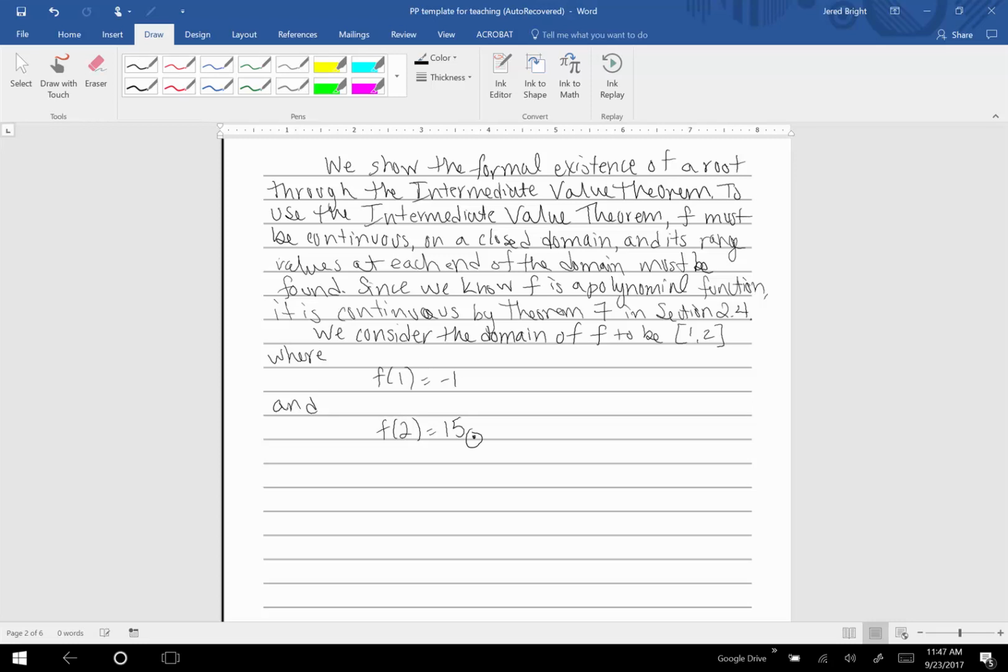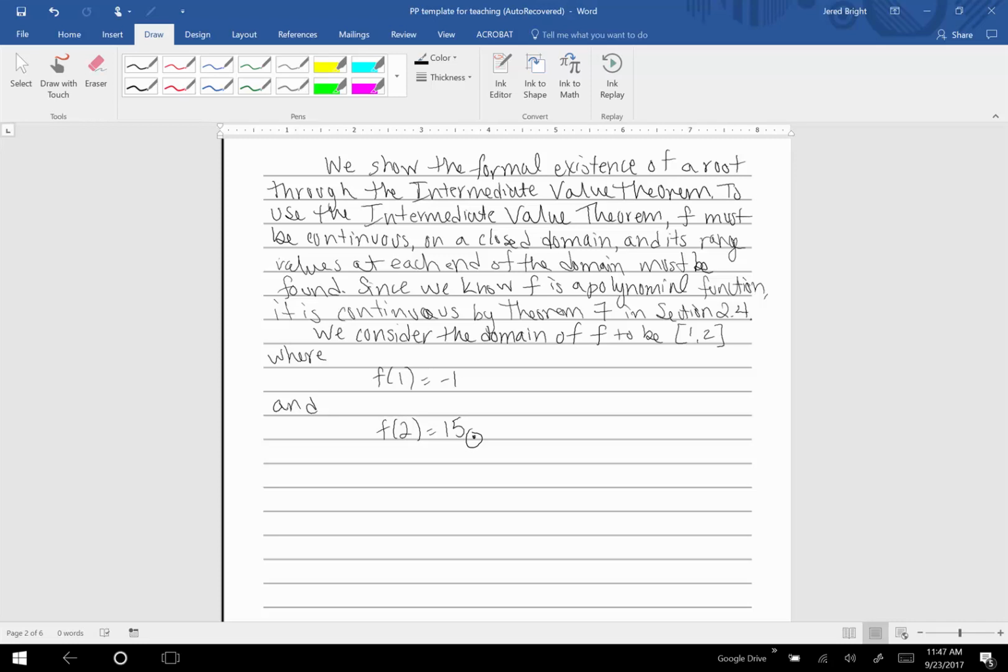Okay, and then I just make sure to include the period, and you don't need to circle it. I'm just doing it to demonstrate that it's a part of a sentence. Here, this is a bit of a style thing. I personally choose to put any evaluations on their own line, just to make things look nicer.